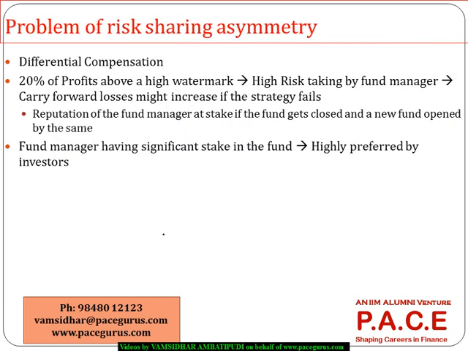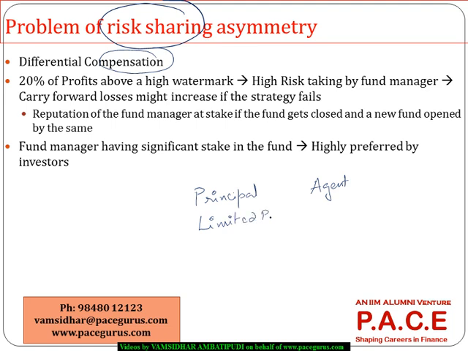And one more major thing that we see in this hedge fund industry is the risk sharing asymmetry because of the compensation structure. Here also we have principals versus agents. In the hedge fund industry, the principals are the limited partners who are investors, whereas the agent is the fund manager who is acting with the principal's money.